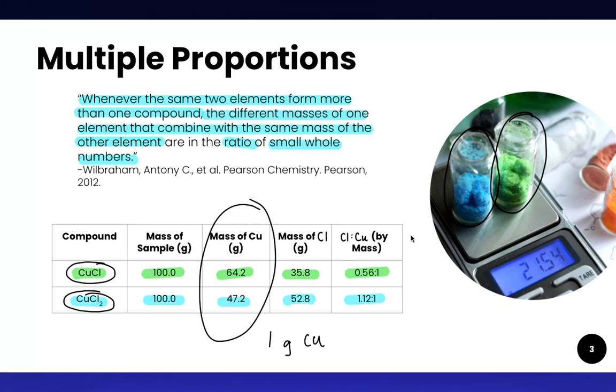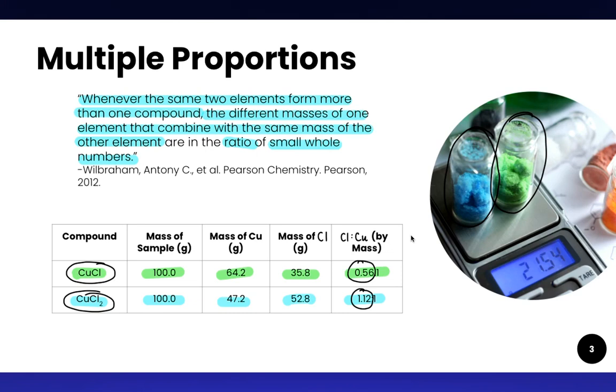Now we can do a little bit of math and break that down to a smaller whole number ratio. So the two numbers we're comparing here are 0.56 and 1.12.